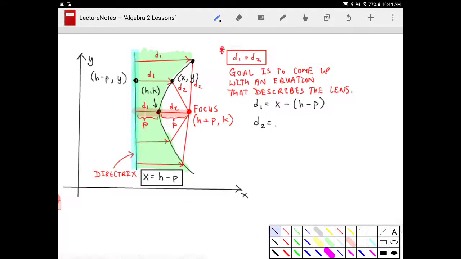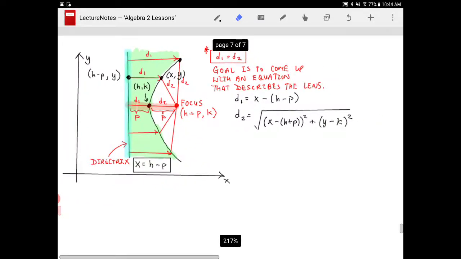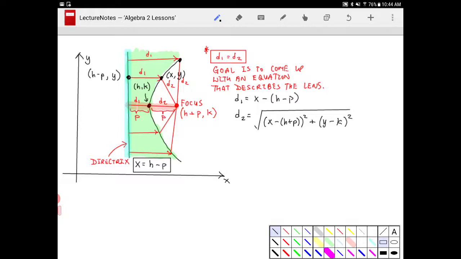According to the distance formula, it's this giant square root where I take the difference of the x's, so it's x minus h plus p, quantity squared, plus y minus k, quantity squared. That's the equation for d2. I am going to box this information because it is going to be important. We are going to capitalize on this right now.